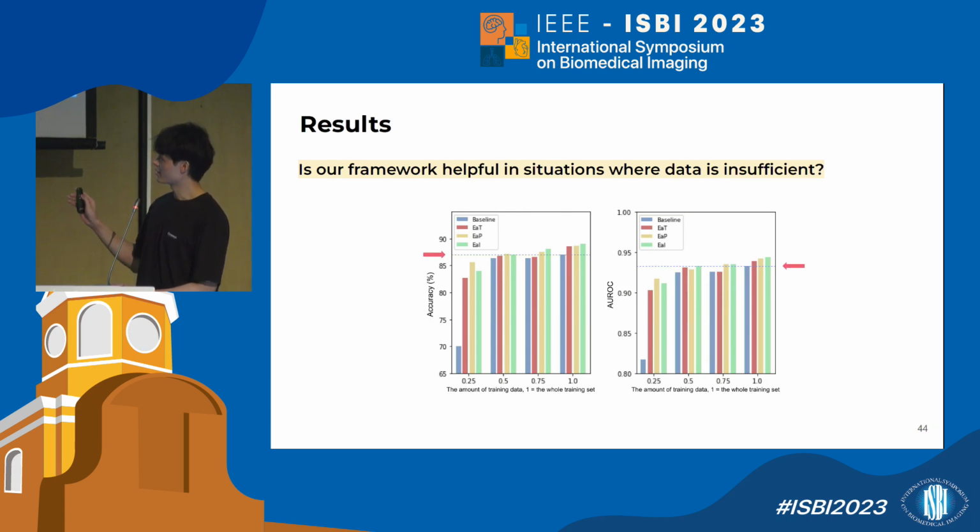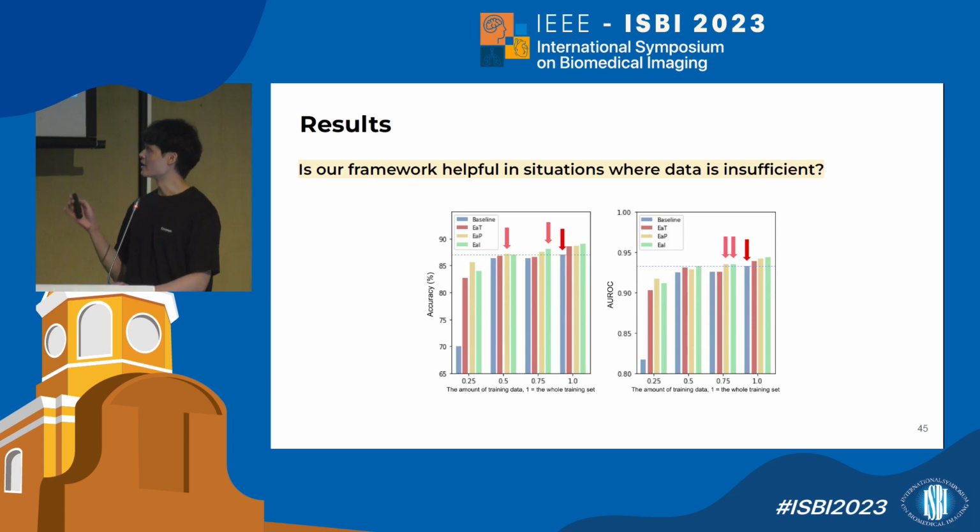Moreover, when comparing our model with the baseline trained with 100% of the data, our evidence as prior and input achieve higher accuracy with only 50 and 75% of the training data, and higher AURC with only 75% of data. This shows that our framework is effective even when the data is limited, which is an important property in the medical domain.